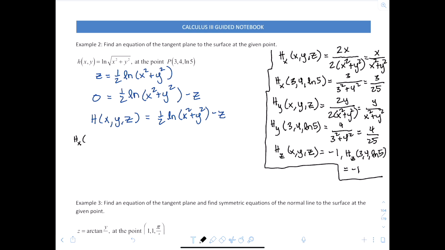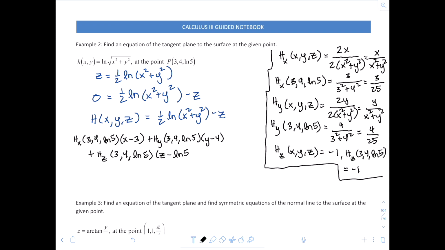So what was our point? 3, 4, natural log of 5, times x minus 3, because that was our x0, and then plus hy at 3, 4, natural log of 5 times y minus 4, because 4 is y0, and then plus hz at 3, 4, natural log of 5 times z minus natural log of 5, because that's our z0, and that would all equal 0.